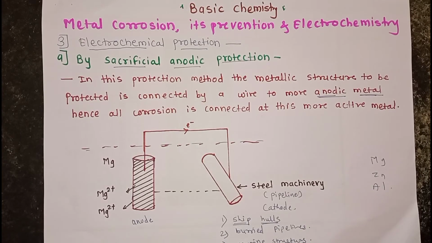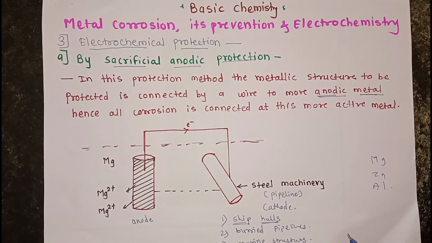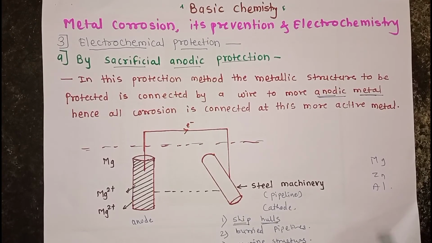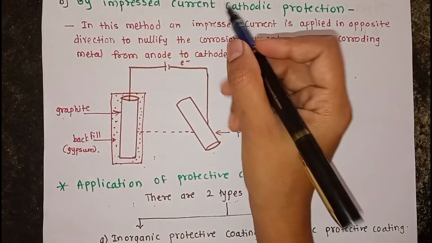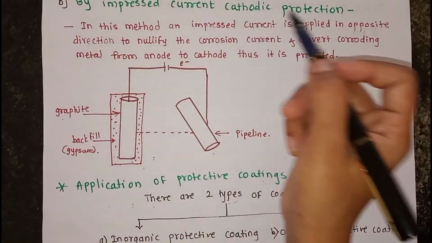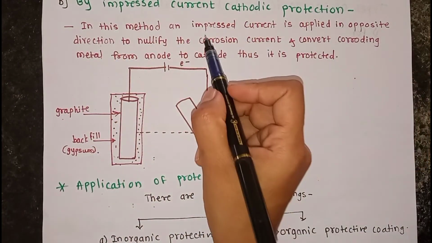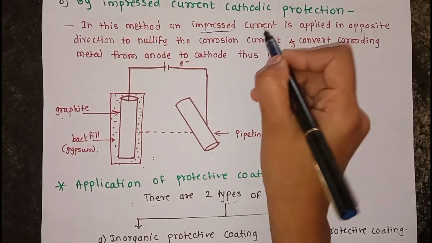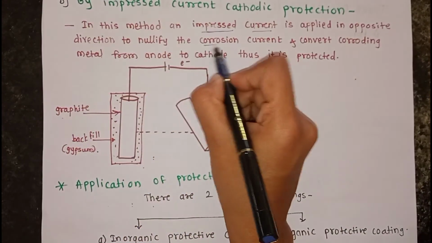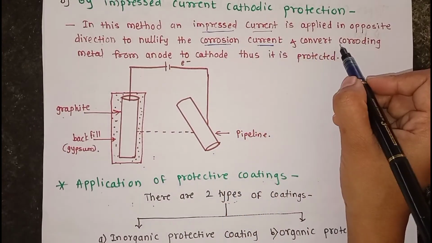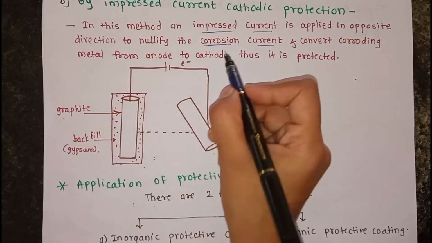Okay, so let's discuss the second electrochemical protection method, impressed current cathodic protection. In this method, an impressed current is applied in the opposite direction to nullify the corrosion current and convert the corroding metal from anode to cathode.